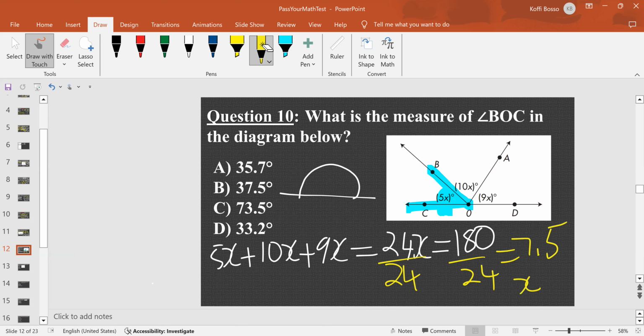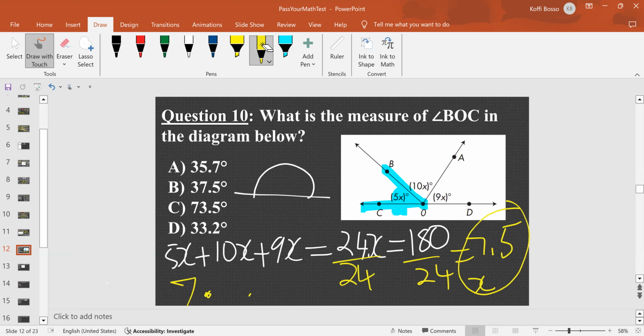So x is equal to 7.5. Now to find the angle BOC value, we're going to multiply 7.5 by 5. Why by 5? Because the angle here, they say 5x degrees. So doing that, you get 37.5, which is choice B.